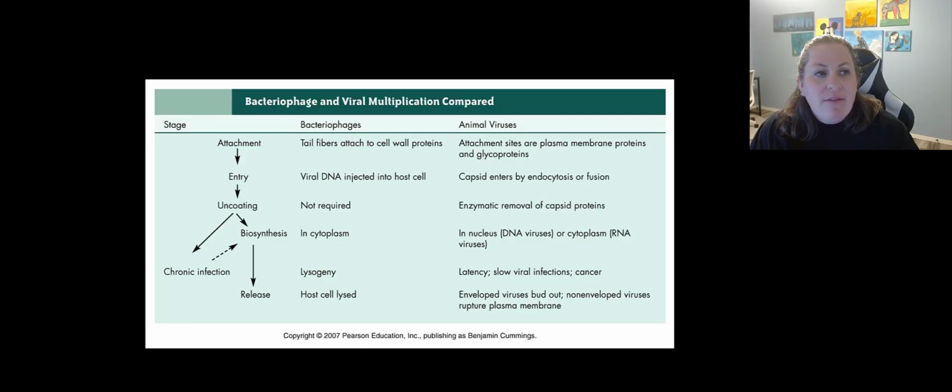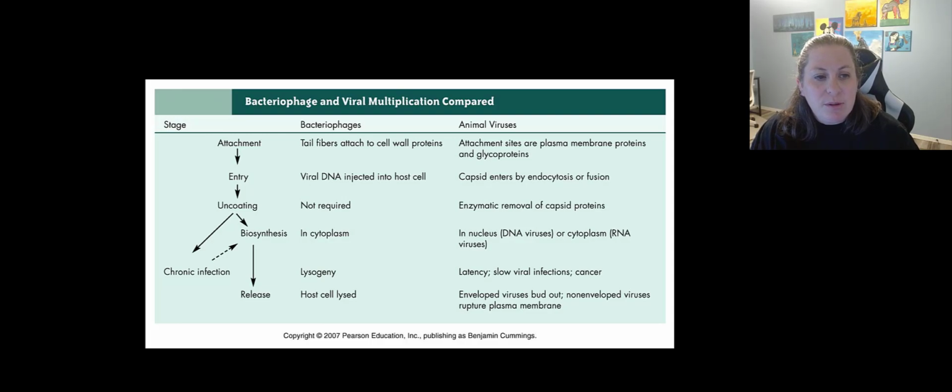All right, so we have a comparison here in this chart where bacteriophage and animal viral multiplication is compared. The bacteriophage is the virus that affects bacteria, whereas an animal virus is the one that affects, say, us. When you notice, a bacteriophage does not go through the process of integrating. It's not going to need to be uncoated.